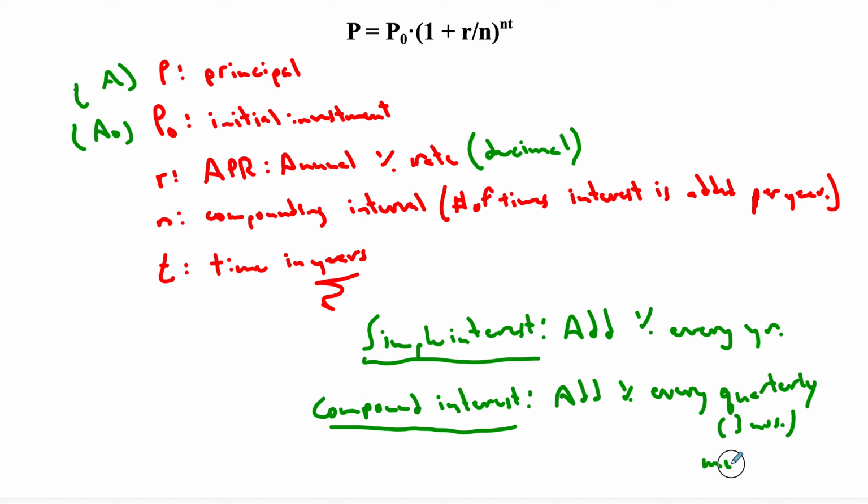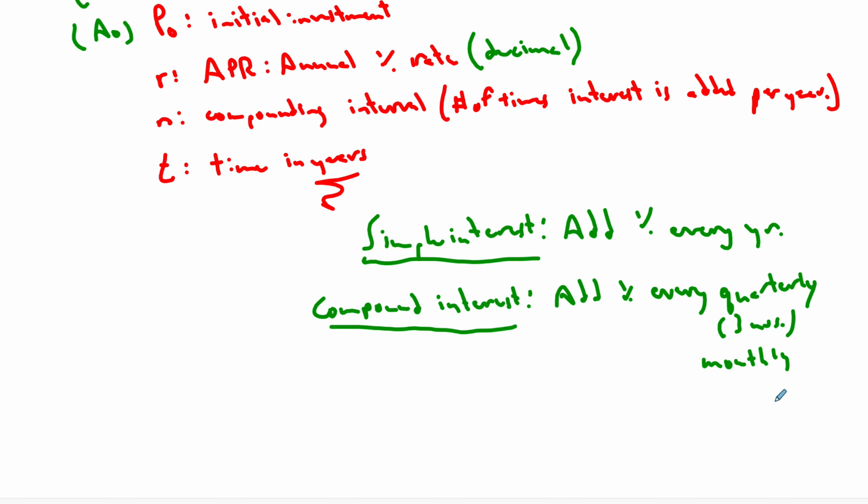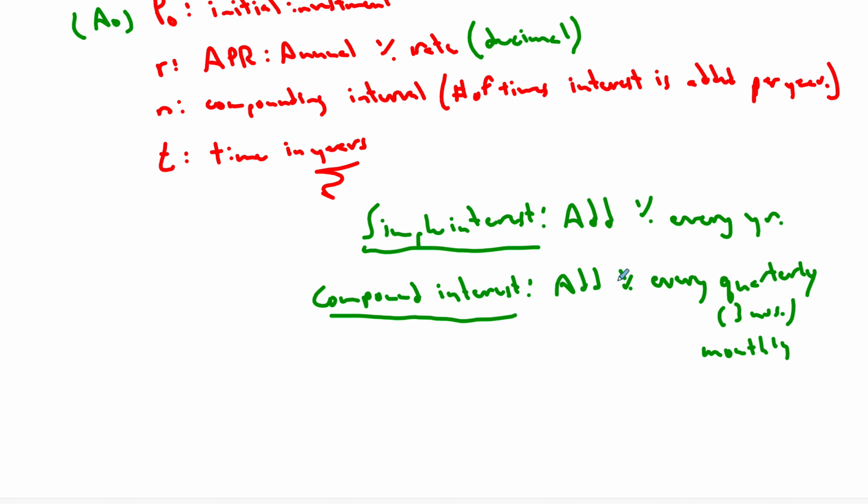You could add it monthly, though that's unlikely. You could add it daily, which is another way that happens. And then you could also add it continuously. If you add it continuously, this is also known as continuous compound interest.